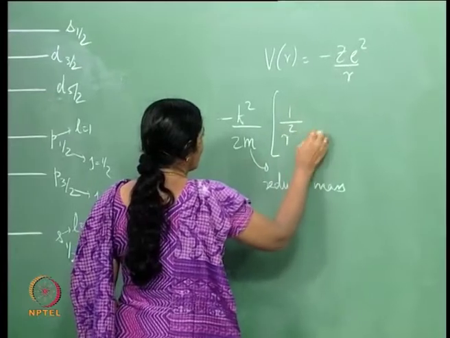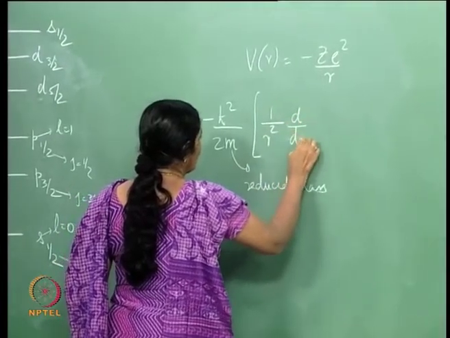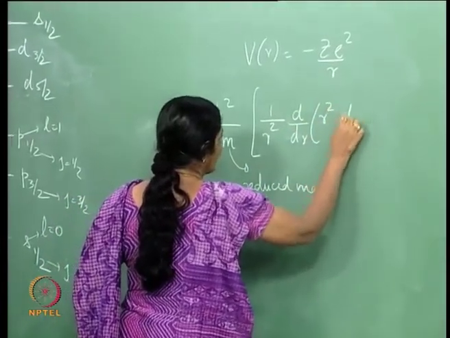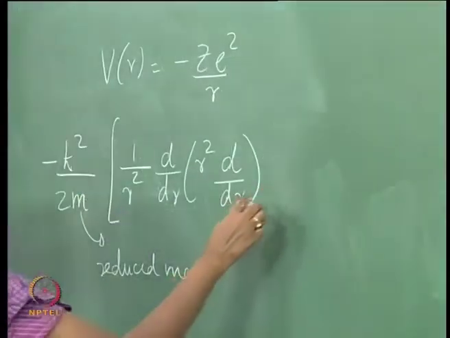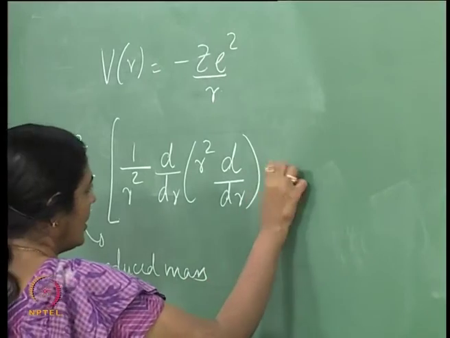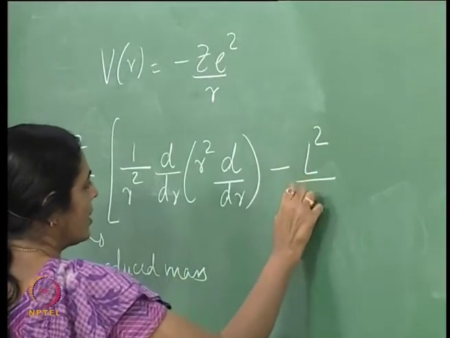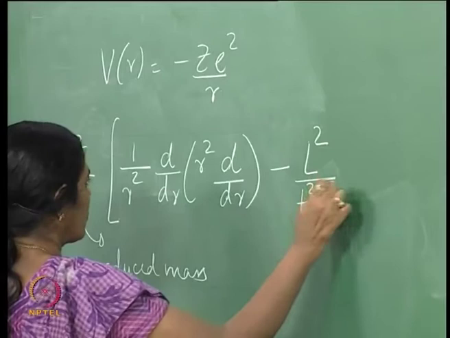Del squared is 1 by r squared d by dr of r squared d by dr, minus L squared by h cross squared r squared.